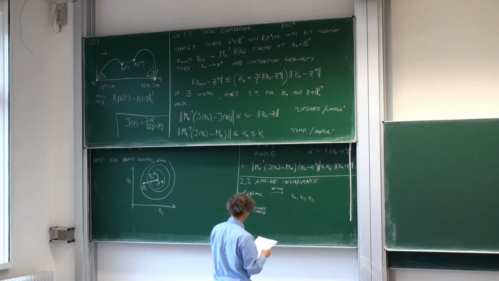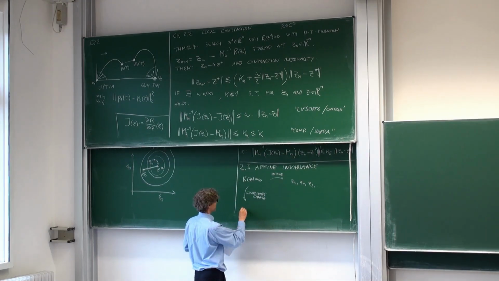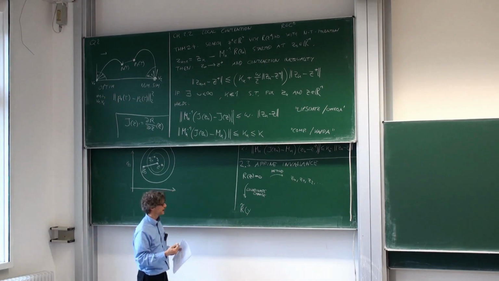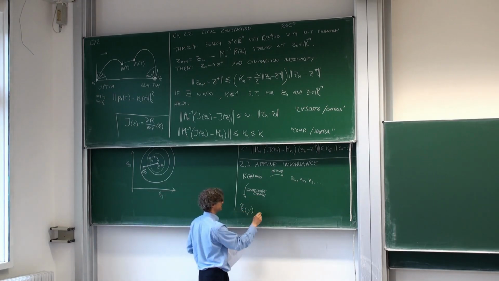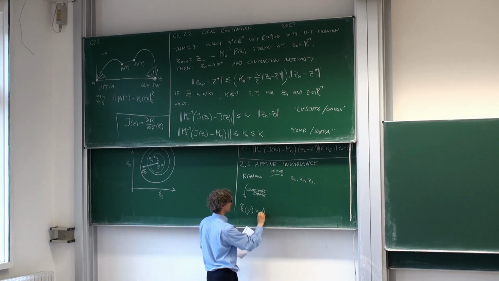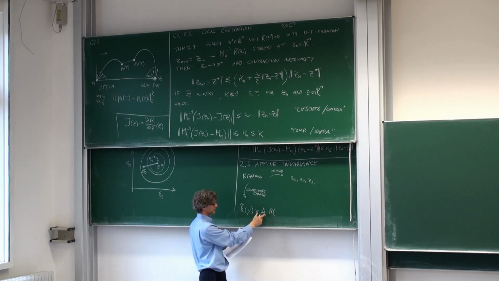So I just say I have a new R, which I call R tilde, and my new variable is Y. It's not Z anymore. And I say this thing is just defined to be something where I turn my residual R with some matrix A, which is invertible.